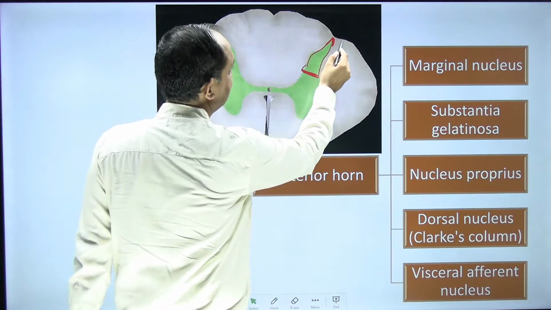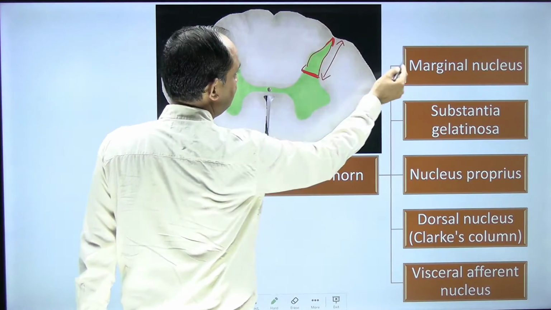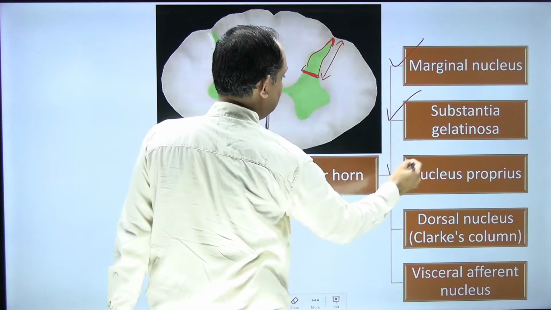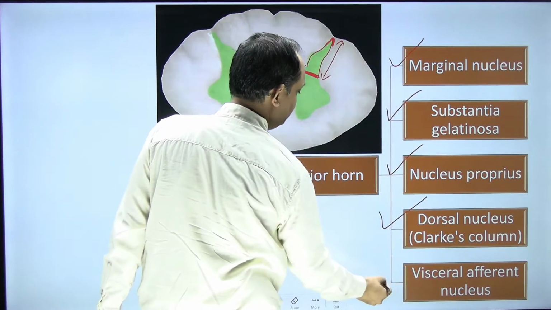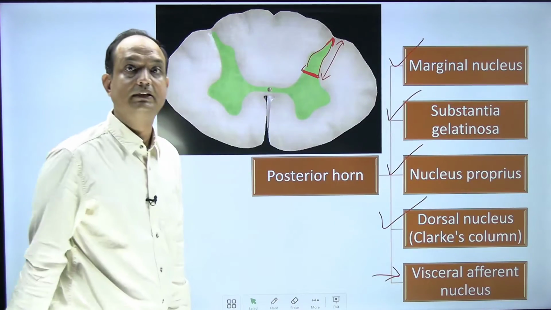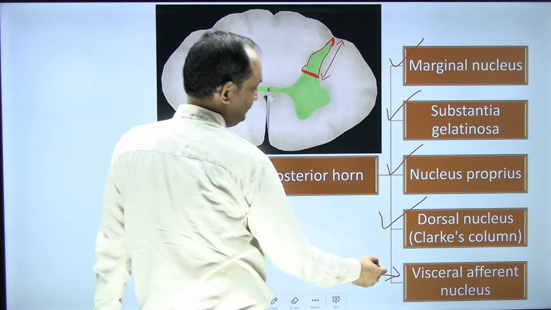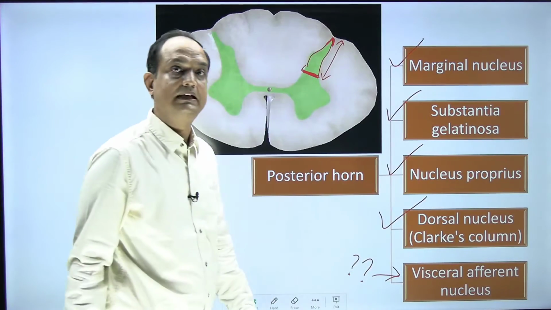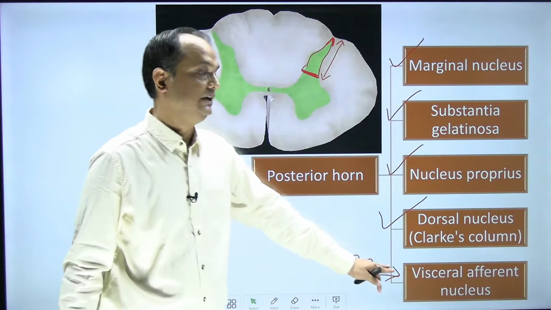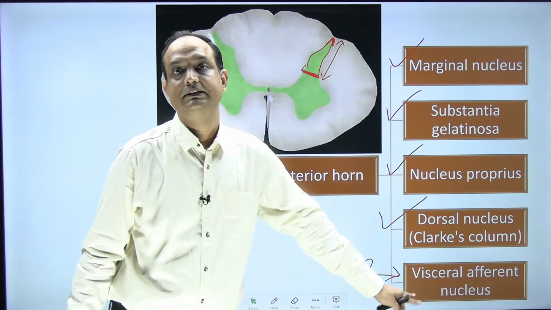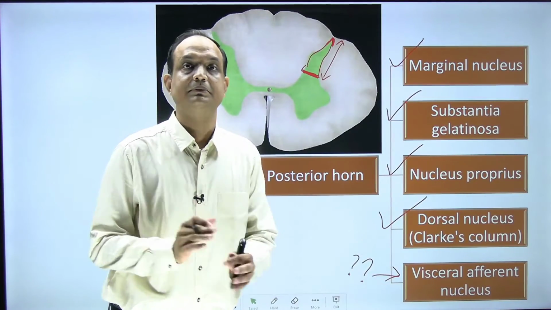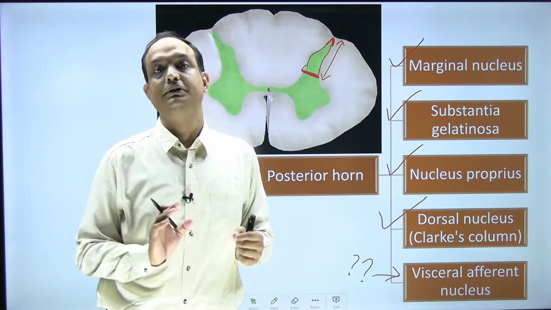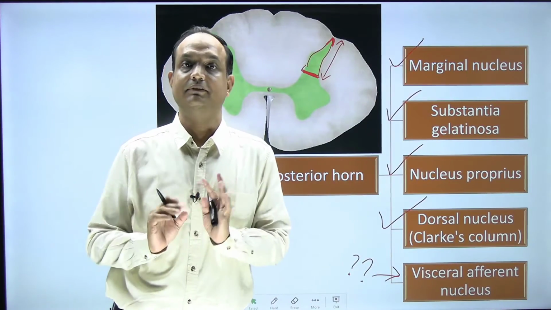In this region we have seen the marginal nucleus, substantia gelatinosa, nucleus proprius, Clark's column, and the visceral afferent nucleus. The visceral afferent nucleus is present on the base; some books will not mention it, while some books mention it as part of the posterior horn. But the other four are very constant nuclei which you will find in every book.